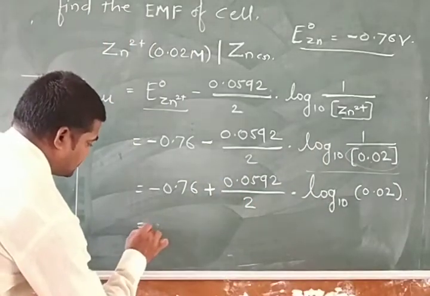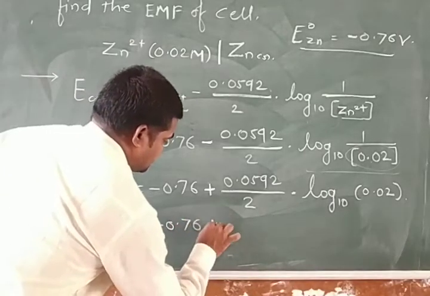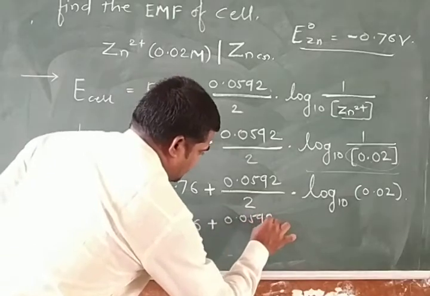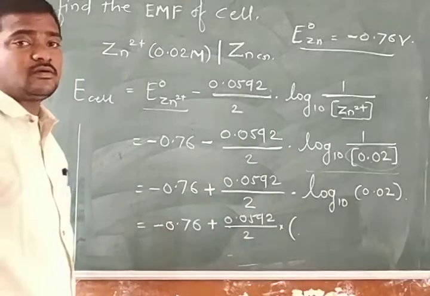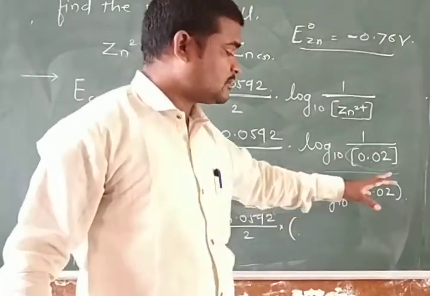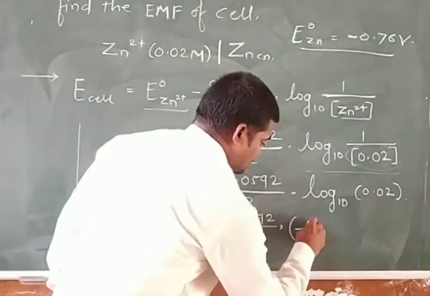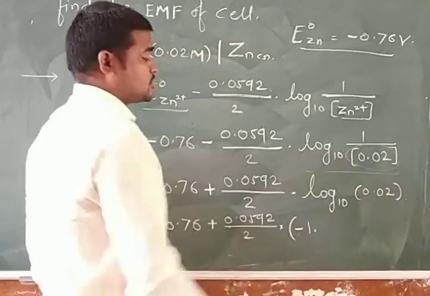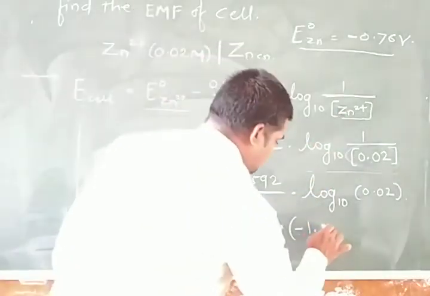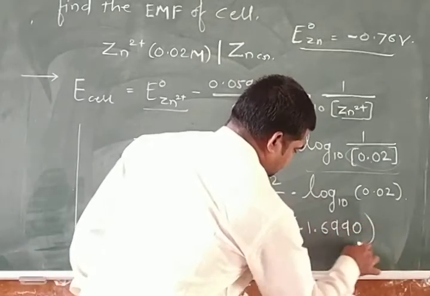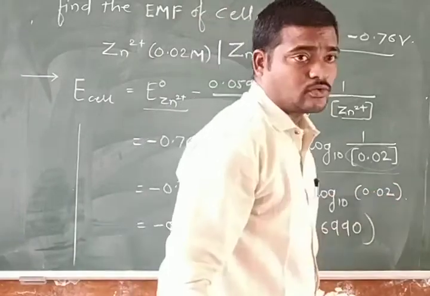Then you can find the final answer: minus 0.76 volt plus 0.0592, I will write here as it is, divided by 2, multiplied by the value of log to the base 10 of 0.02, which is nothing but minus 1 point, or after solving this you will get the bar value. You can also call it the bar value, 6990. So this is the value of log to the base 10 of 0.02.